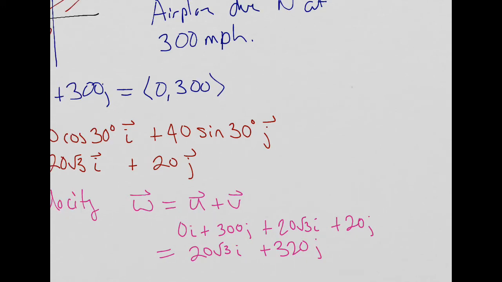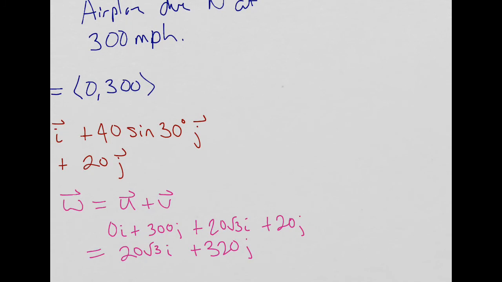Now that's going to tell me the vector that's describing this motion of the plane. If I really just want to know how fast it's going, well, we've got our w. Let's compute the magnitude of w. The length of that vector should tell me the actual speed of the airplane.